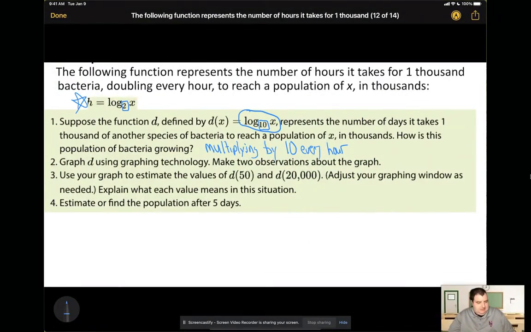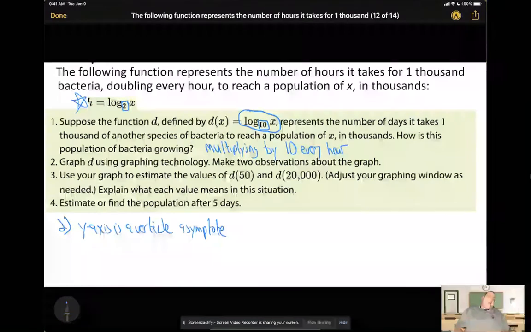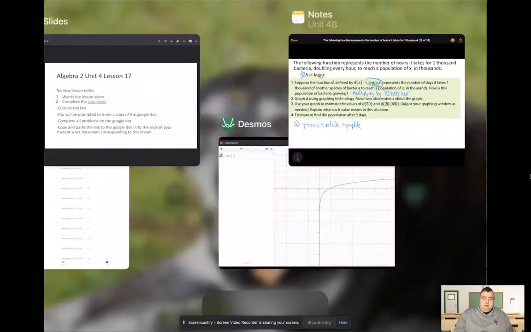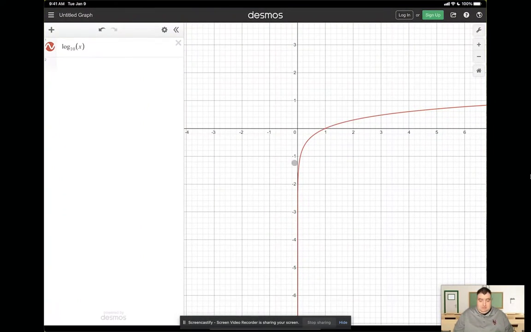I'm going to write that down here. The y-axis is a vertical asymptote. Remember we talked about vertical and horizontal asymptotes way back in Unit 2. Vertical asymptote means it's a vertical line, and notice the graph gets infinitely close, but never actually crosses that vertical line, the y-axis.